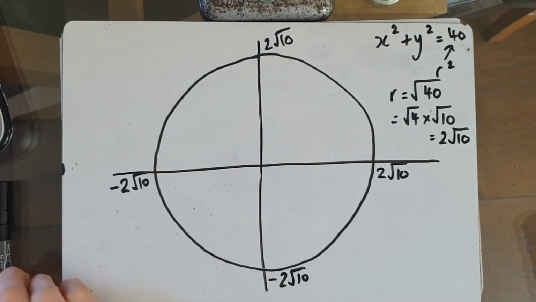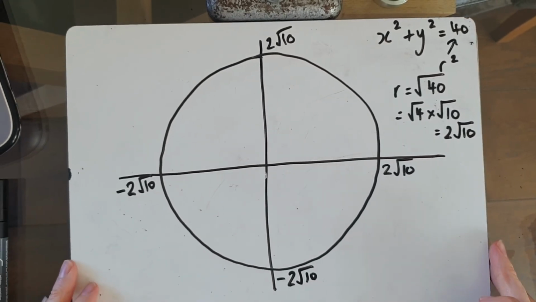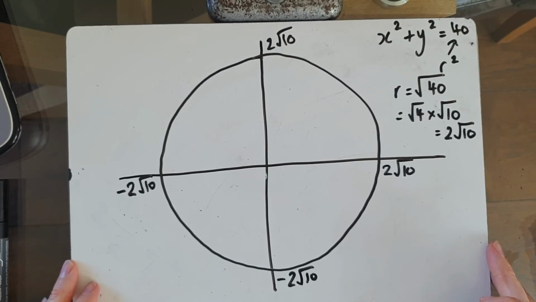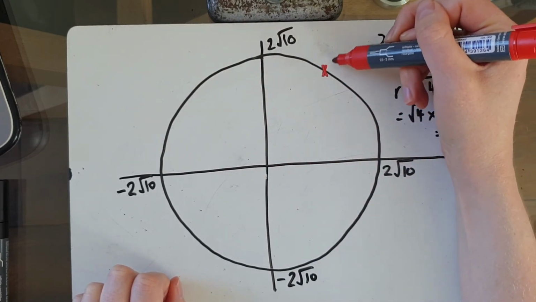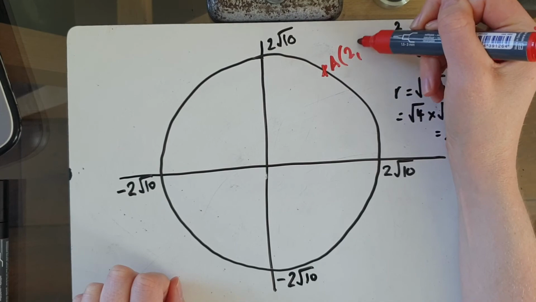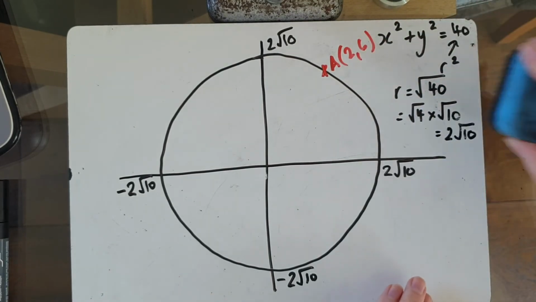Now it tells us that the line L is a tangent to the circle at point A, and point A is 2, 6, so roughly here, say. So this is A, 2, 6. I'm going to get rid of this bit now.